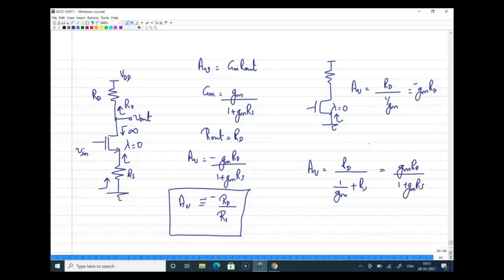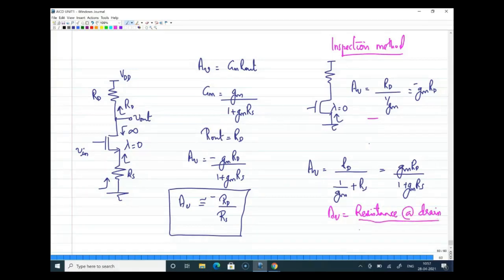So we call this the inspection method. What is that method? When lambda is equal to 0, you can write the gain as the resistance at drain divided by the total resistance in the source path.